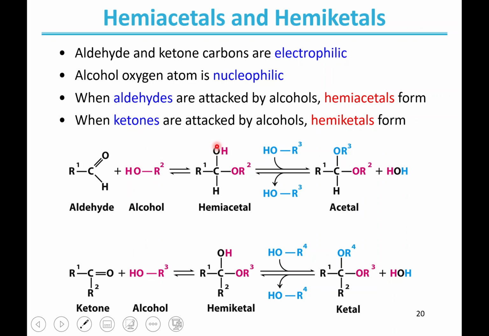You have a carbon with an alcohol group on it, attached to one R group, one hydrogen, and then an OR group, an ether. So the combination of this OH and that O attached to another R group, with a hydrogen on this carbon, is what we refer to as a hemiacetal.